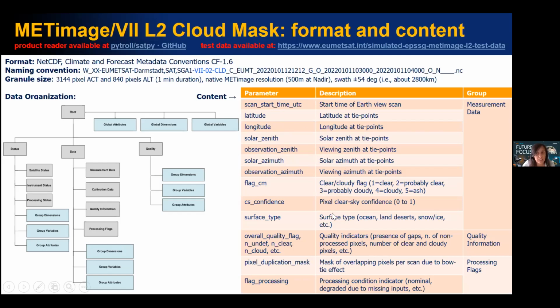And then for each pixel, you find a clear/cloudy flag containing also information on possible ash contamination. But you also find the clear sky probability that goes from 1 to 0, and this allows the user to set his own mask depending on the application. We have also additional information on the surface type for each pixel, and a lot of quality indicators which help the user establish whether that retrieval is trustable or not for the given pixel.